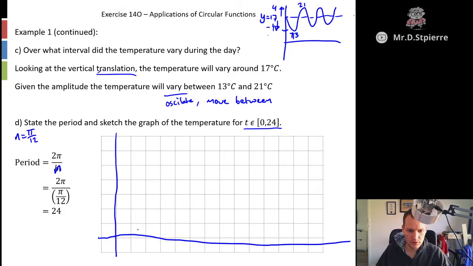So 1, 2, 3, 5, 6. So we'll make that 12. So that'll be 6. 1, 2, 4. That'll be 24. Make that 18 hours. And because we're not dealing with any horizontal translations, let's maybe say that there is 17. We'll go up here.